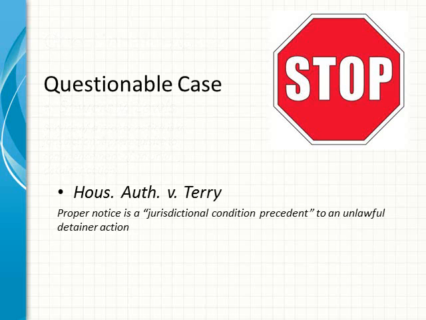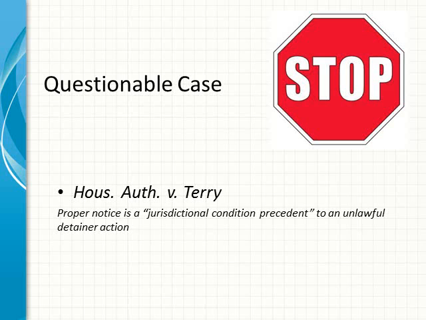While Housing Authority v. Terry is often cited for the proposition that statutes must be strictly interpreted in favor of the tenant, it is also often cited for the proposition that proper notice is a jurisdictional condition precedent to an unlawful detainer action. There are two types of jurisdiction. First, there is personal jurisdiction. Personal jurisdiction is conveyed by properly serving the defendant. Second, there is subject matter jurisdiction. Subject matter jurisdiction deals with the authority of the court to hear the matter.